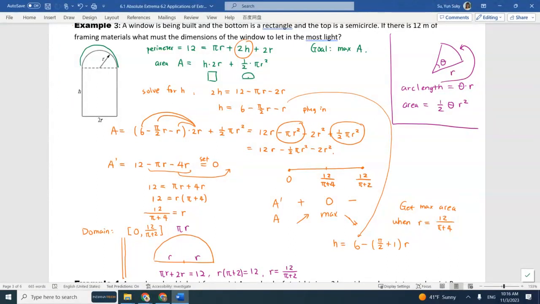I can factor out the r, then I get 6 minus pi over 2 plus 1, and then put the r to be this number. So we get 6 minus pi over 2 plus 1 times 12 over pi plus 4.